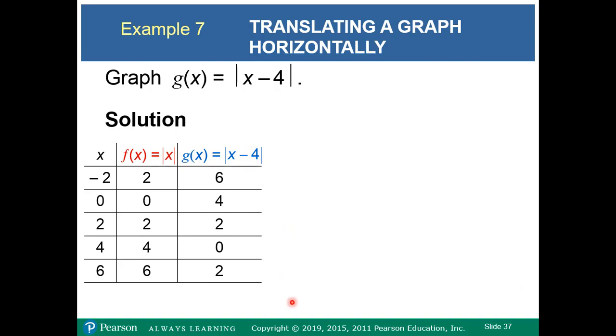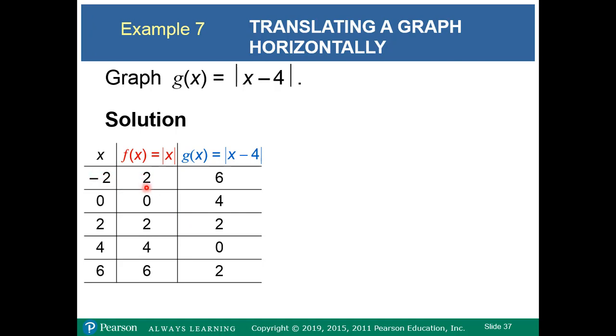Okay, so here we go. We're going to look at this. So in this case here, when x is negative 2, f of x is 2, but here, g of x is 6. Okay? So when x is 0, f of x is 0, and g of x is 4. So what's happening here? Well, think about this.